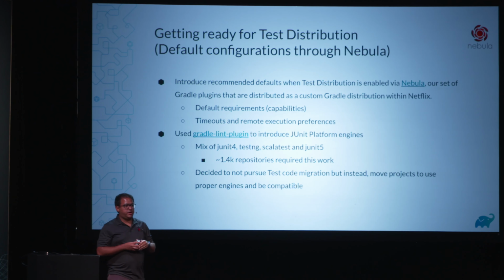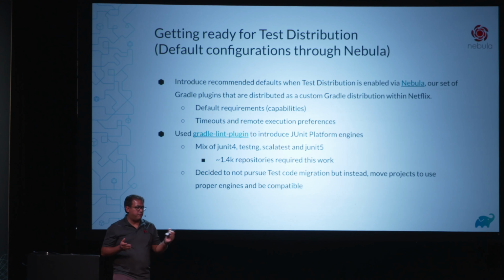This way, we can enable as many as possible without having to rewrite any single test for the company. So far, this has been playing out very well. Definitely, engineers are not excited about, oh, I need to rewrite my JUnit 4 to JUnit 5 test, or I need to go from TestNG, because I like the features, into JUnit 4, for example.